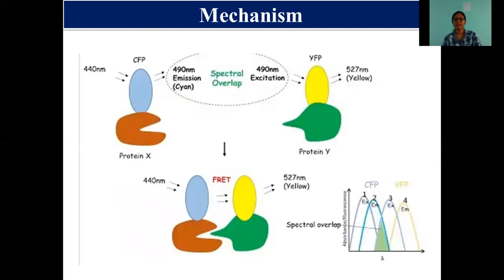So we will study in this diagram what the mechanism of FRET is. Here you can see that protein X is labeled with CFP, and protein Y is labeled with yellow fluorescent protein.